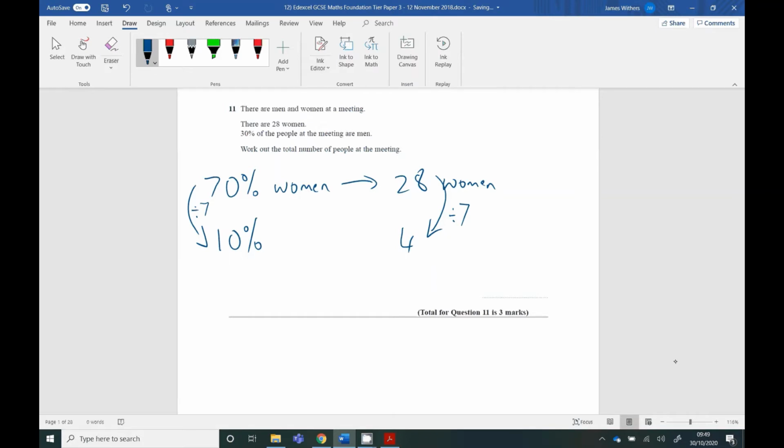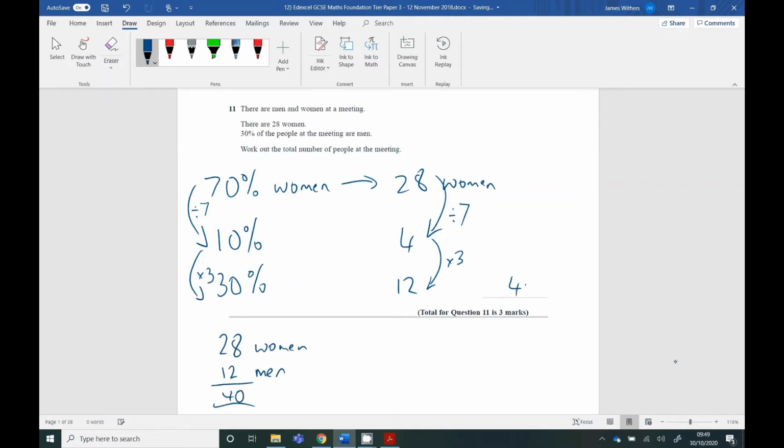Now 30% are men. How do I go from 10% to 30%? Well, I multiply by 3. So the number of men is going to be 4 times 3, which is 12. So there are 28 women, 12 men, so that gives me 40 people in total.